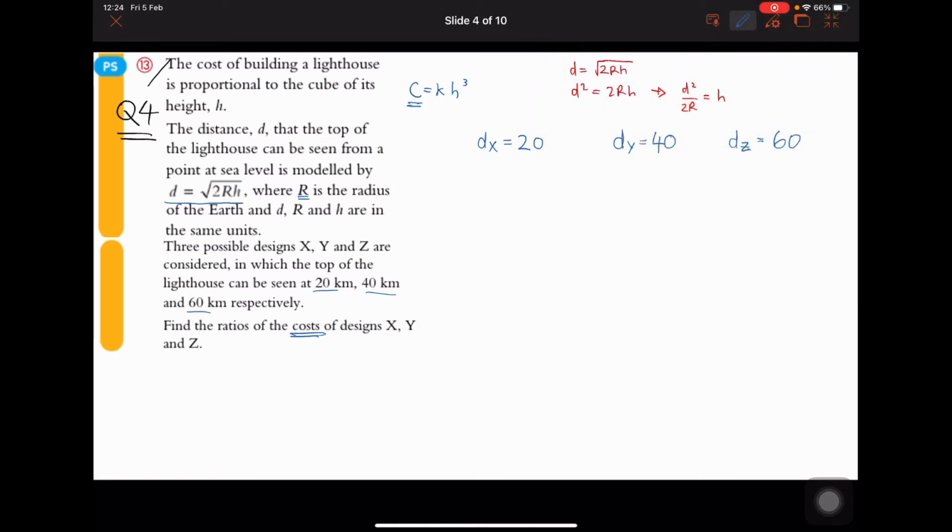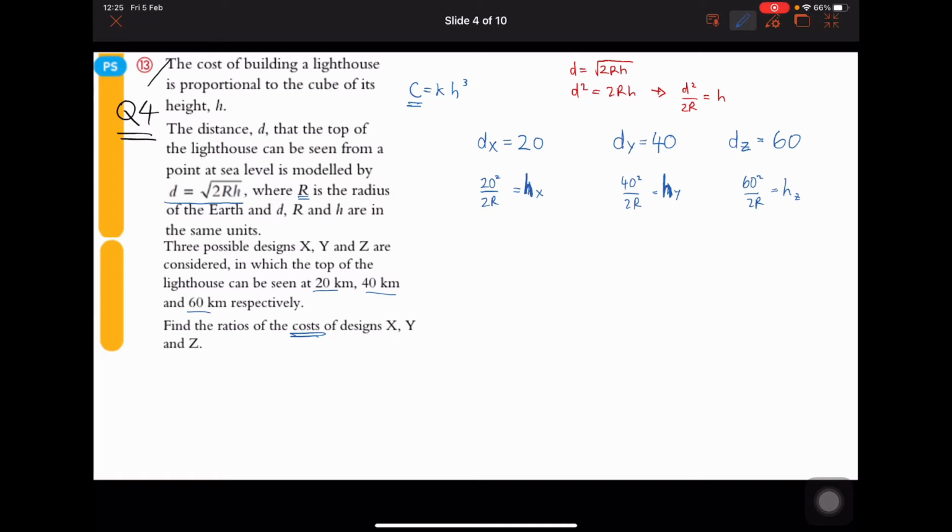So we have 20 squared over 2r equals hx. 40 squared over 2r equals hy. And 60 squared over 2r equals hz. Sorry, I should make it clear that the x and y here are just subscripts.